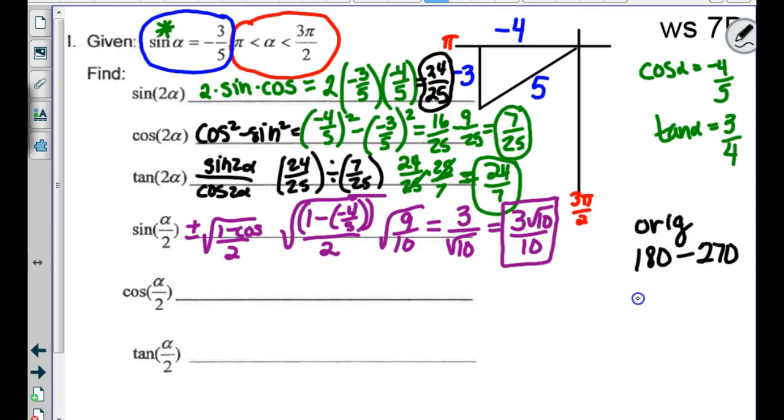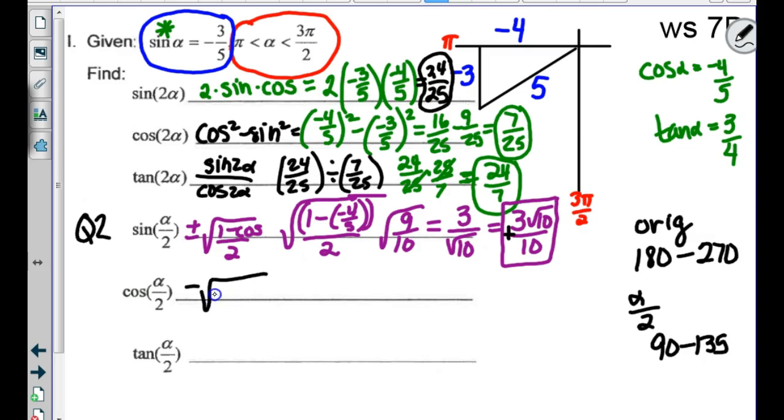If we take and divide that by 2, it will be somewhere between 90 and 135. Where would that be? Quadrant 2. So this is in quadrant 2. What is the sine value in quadrant 2? Positive or negative? Positive.